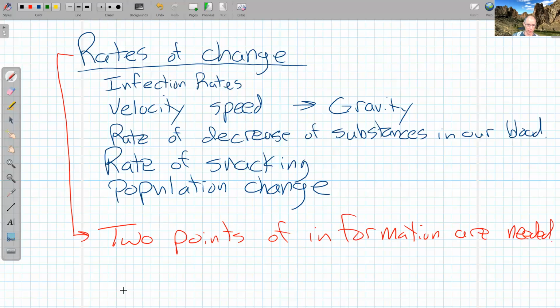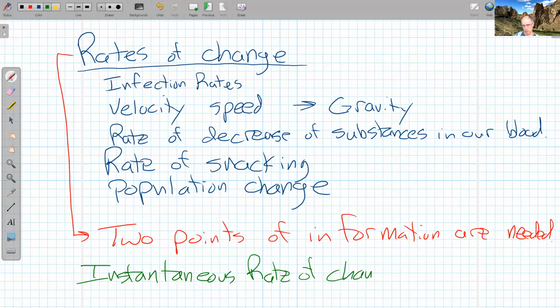So this brings up a bit of a conundrum when we try to find an instantaneous rate of change, a slope at a point. How can we have slope at a single point? We have no change at a single point. We just have a spot. And that's where things get weird.